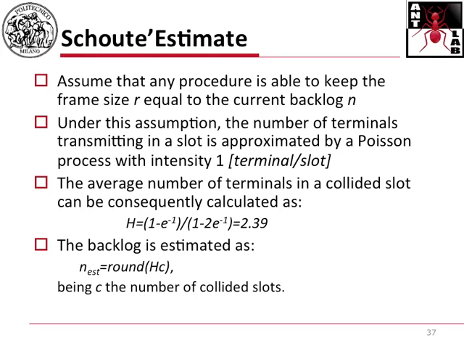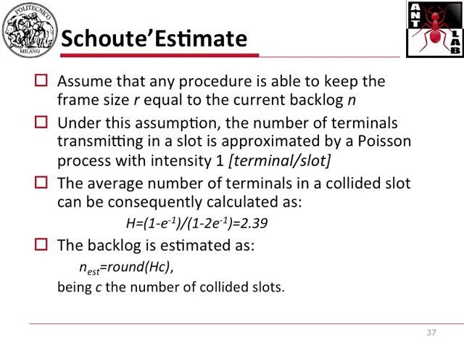This estimate is built on the assumption that the objective of any estimate procedure is to keep the number of tags which still need to be resolved, meaning the backlog, equal to the number of slots in the current frame. So that's the objective, and also the assumption.